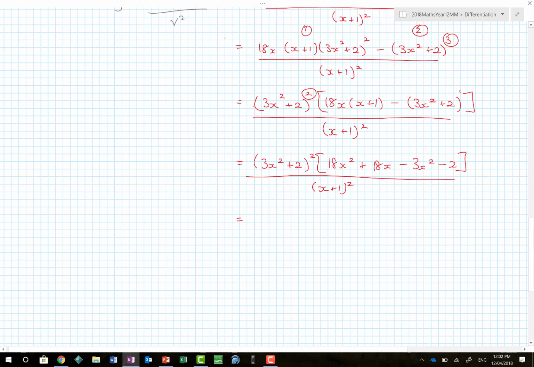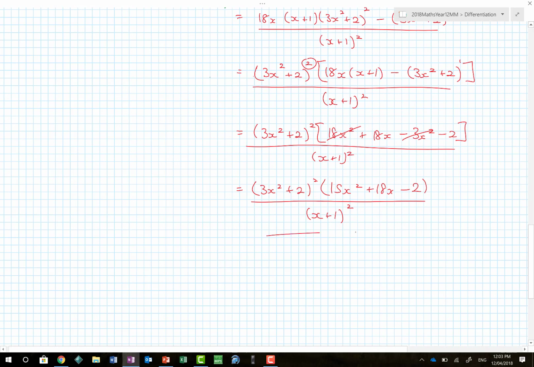And so simplifying and collecting like terms in those square brackets gives me, back to curvy brackets now, 18x squared minus 3x squared is 15x squared, plus 18x and minus 2, all divided by (x plus 1) all squared. And there is my final answer.